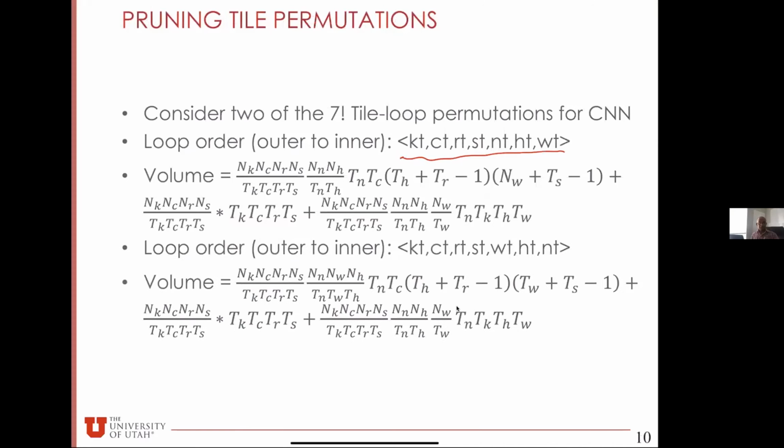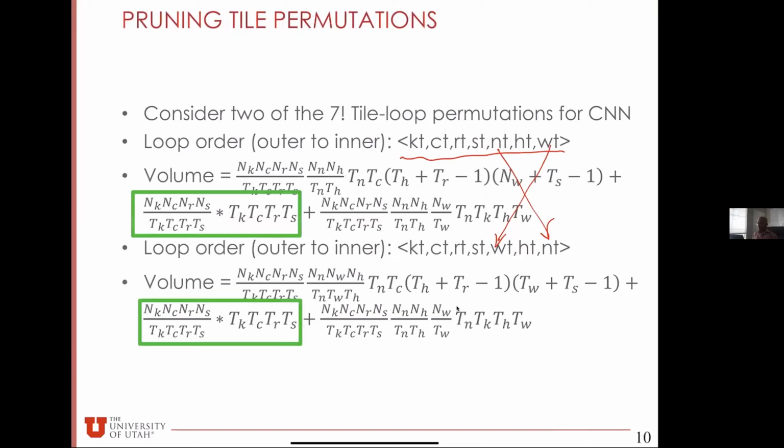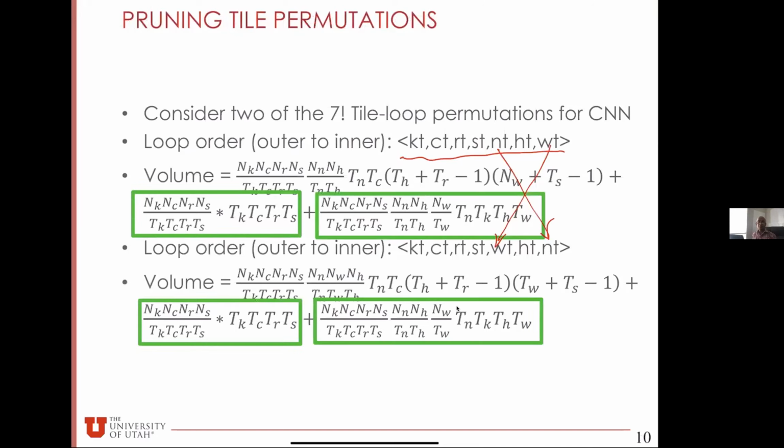If you change the permutation, so let's say we consider this, that's another permutation where a couple of the tile loops are permuted. The volume expression is shown below. Now, if you compare these two volume expressions, you will see that these two terms are identical. These two terms again are also identical.